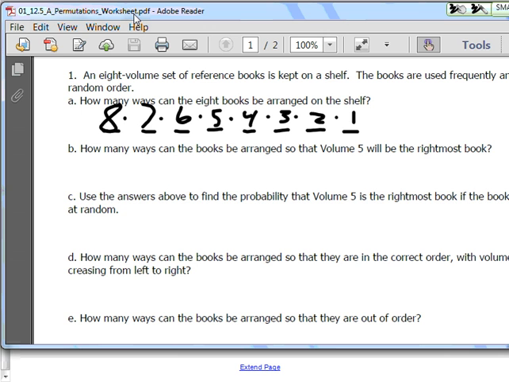Now, if you'd rather, you can use your calculator and say, I have 8 books, and does the order matter? How about this? If the order didn't matter, then as soon as I put all 8 books on the shelf, I'm done. It doesn't matter what order they're in.